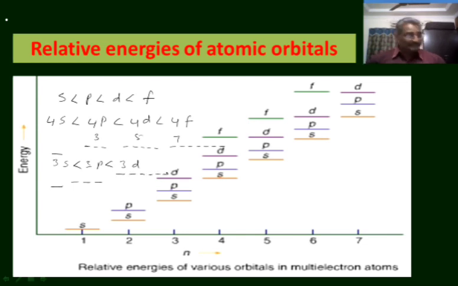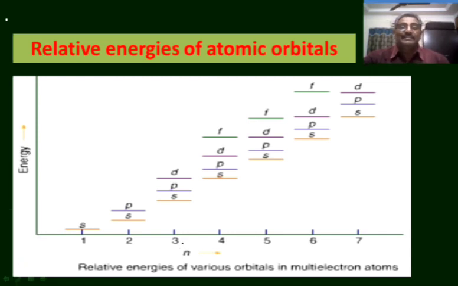When n is greater than or equal to 3, you might have observed that the energy of an orbital in a lower energy level might be greater than the energy of an orbital in the higher energy level. That is, from the third main energy level onwards, the orbital present in the lower energy level may have more energy than the orbital in the higher energy level.